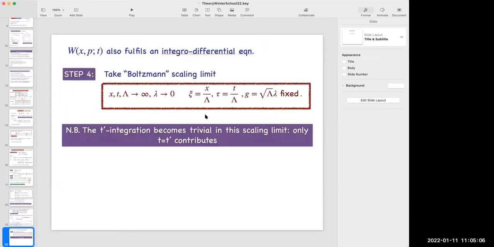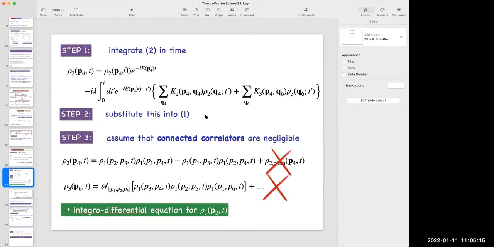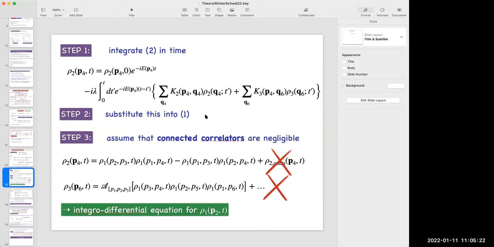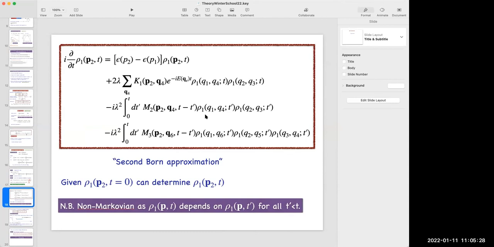One follow-up question on that. I just noticed the orders of lambda. Here we took row 2 and row 3, but truncating them gave me the same power of lambda. I still have lambda squared for both of them. So when you said I could take further orders, would I get terms in lambda squared as well? If I just look at lambda as my small parameter, to be consistent I would have to go to all orders.